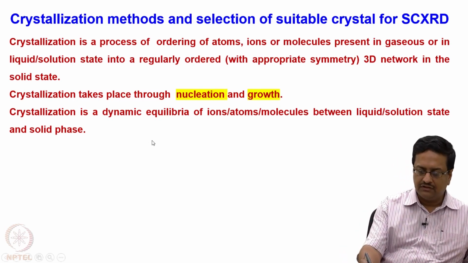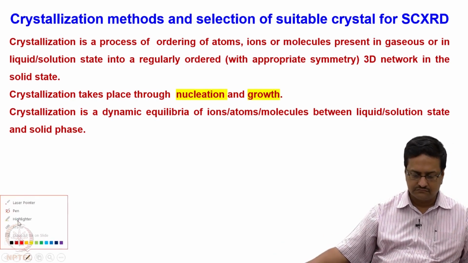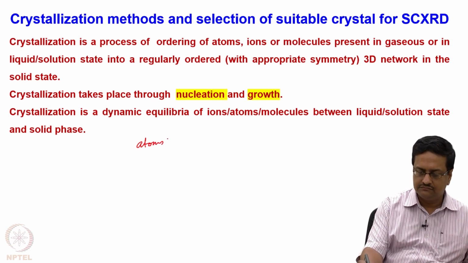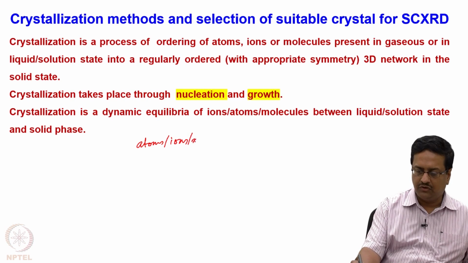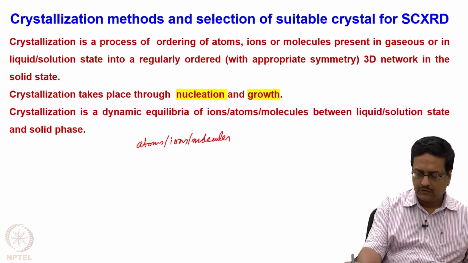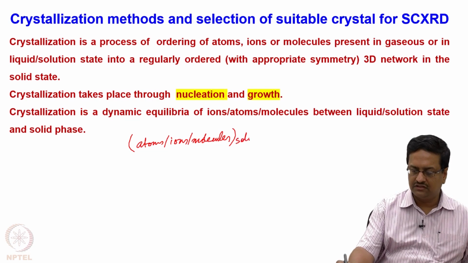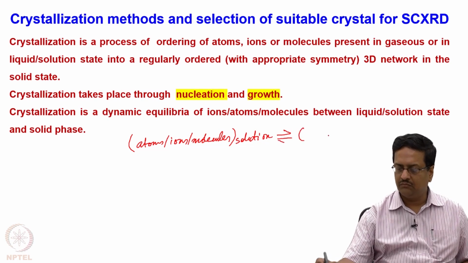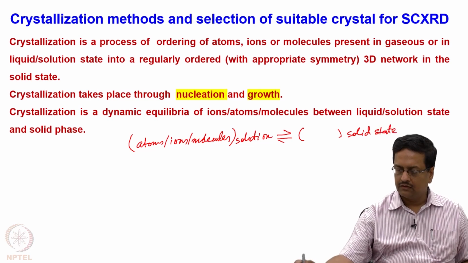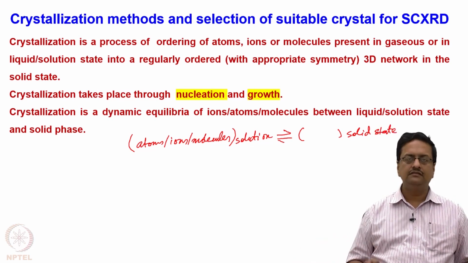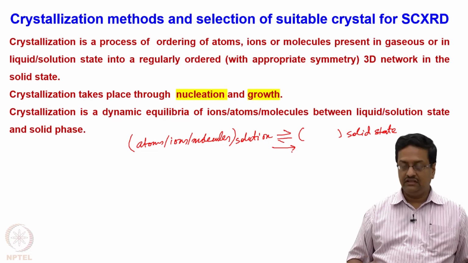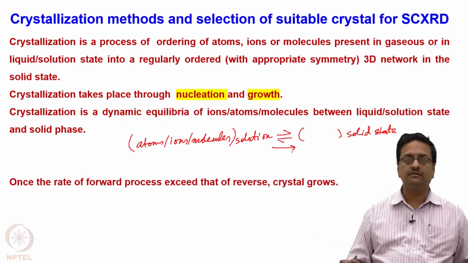So what we have is a set of atoms or ions or molecules in solution and is in equilibrium with the same in solid state. And when this equilibrium shifts more towards the right, then we end up getting the crystal growth.